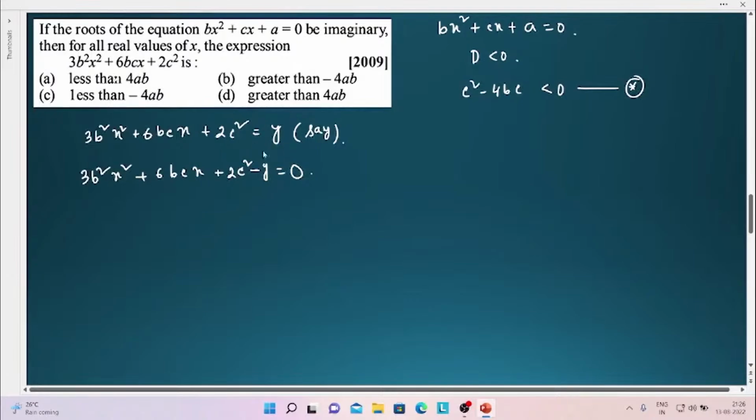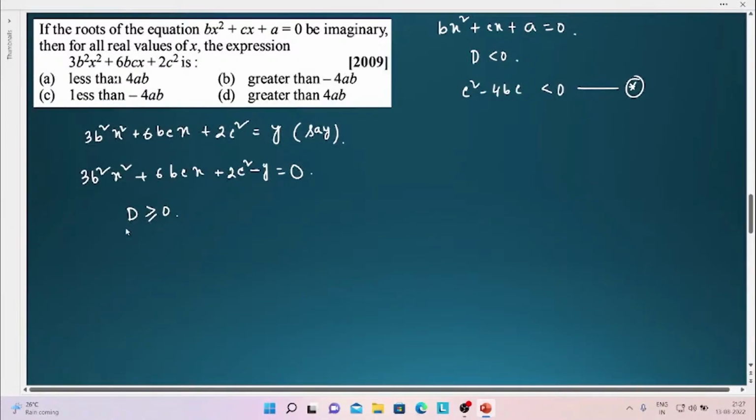So basically we have to find out the value of y only, so that we can say whether this particular part is greater than 0, less than 0, or whatever it may be. Here you can see for real values of x, the expression is whether less than 0 or equals to 0. Since the values are real, the discriminant will be greater than or equals to 0.